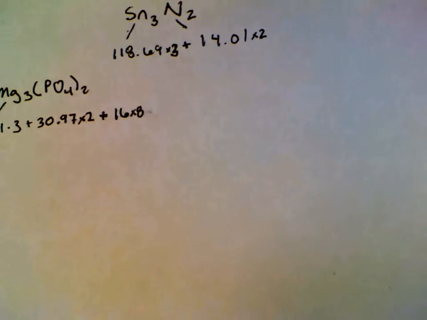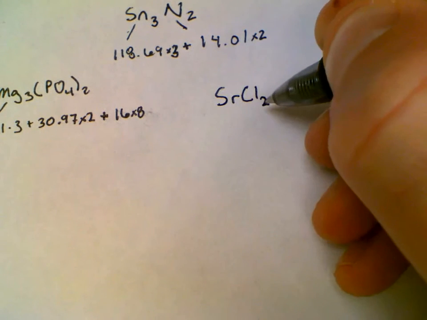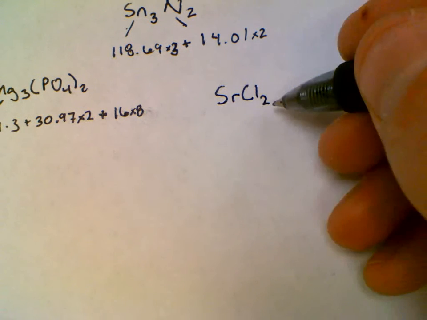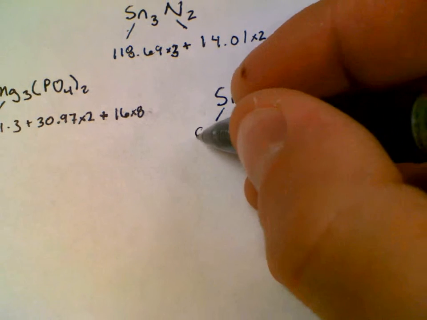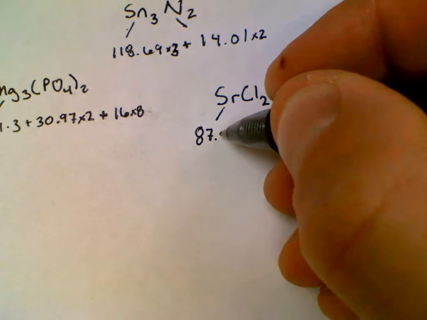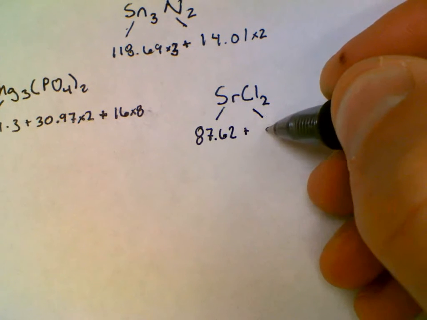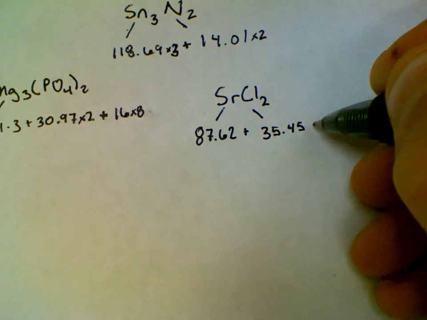Strontium chloride. We have 1 copy of strontium, 2 copies of chlorine. Hopefully that's straightforward. There's no subscript, which implies 1, and 2 copies of chlorine. Strontium, my periodic table says, is 87.62. Since there's only 1 copy, I just need to add that to chlorine, which my periodic table says is 35.45 times 2.